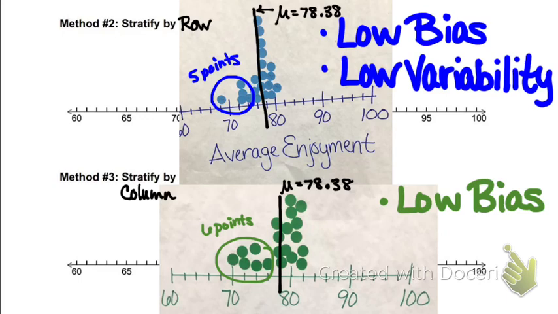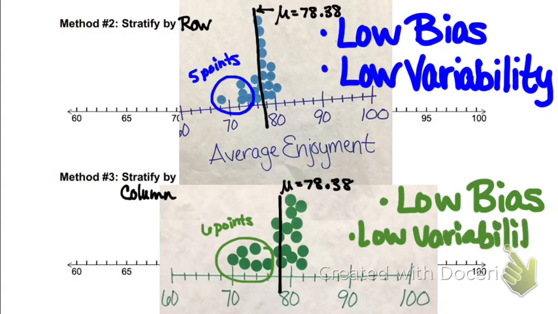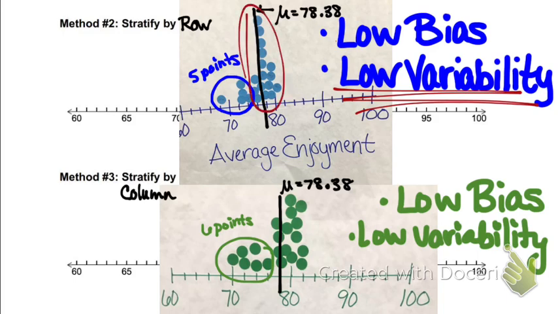Stratified method 2. We did have low variability here. But I would say that between these two, this one had lower variability, just because we had the majority of our points right in here.